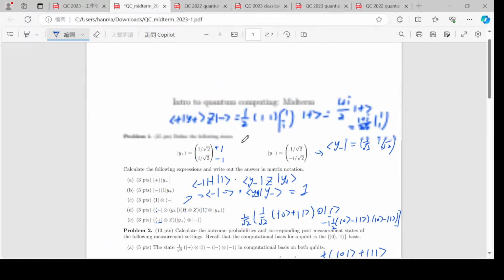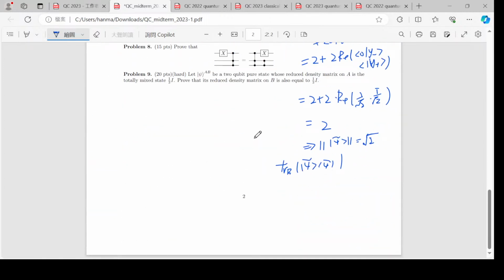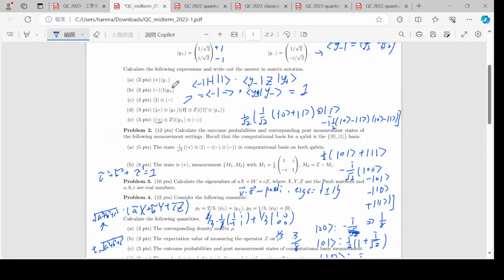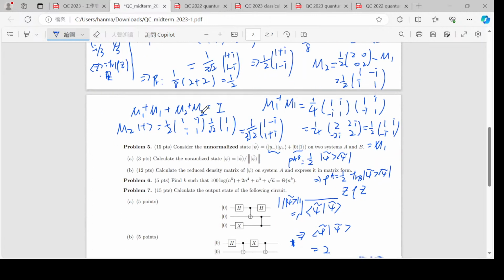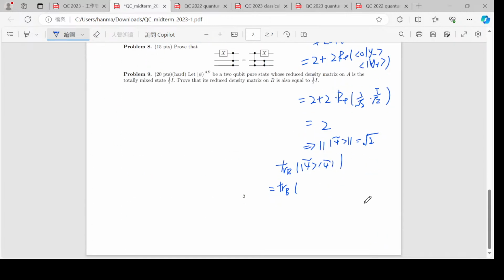There are a lot of terms here, and now things are ugly. So what do we have? y minus, y plus, and 0, 1.